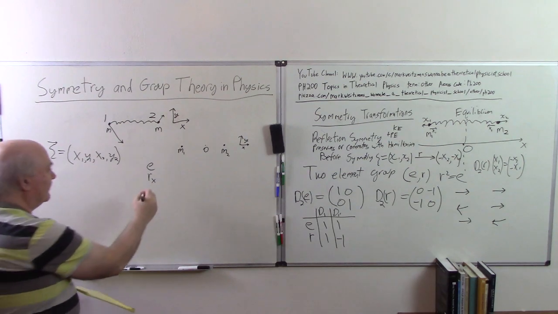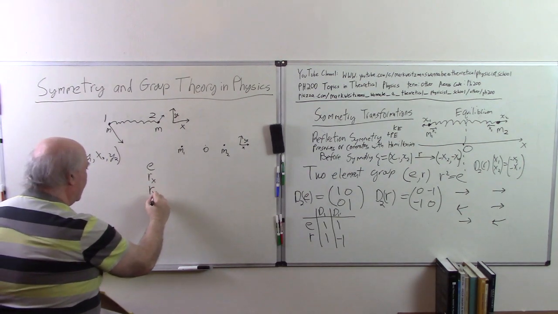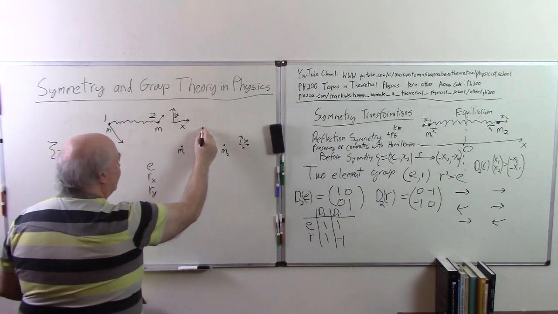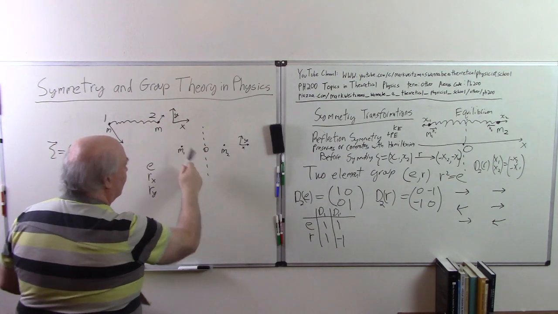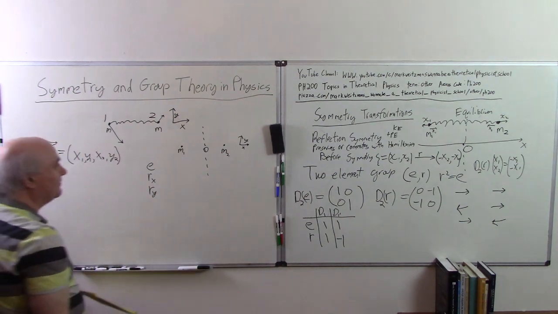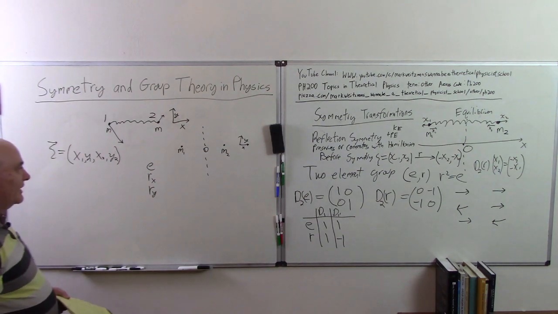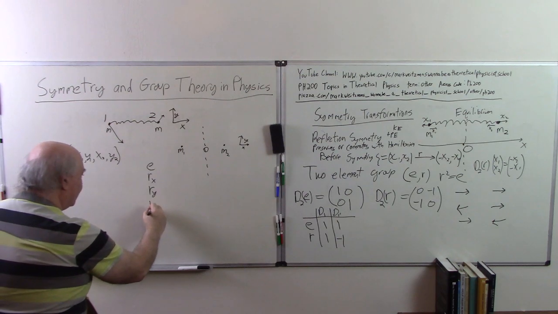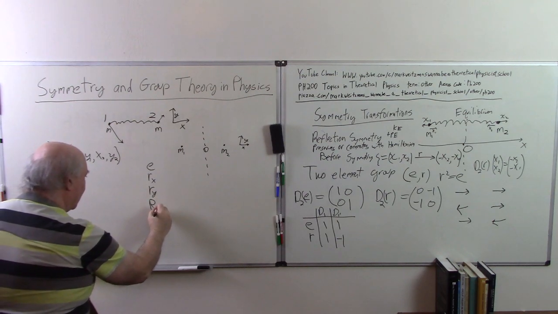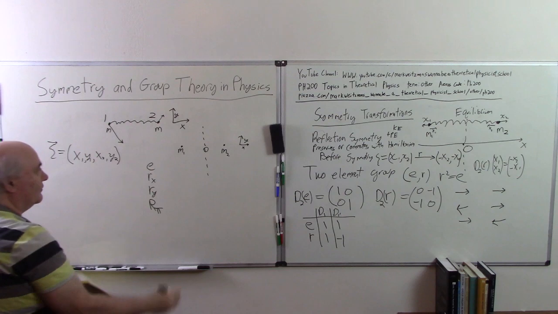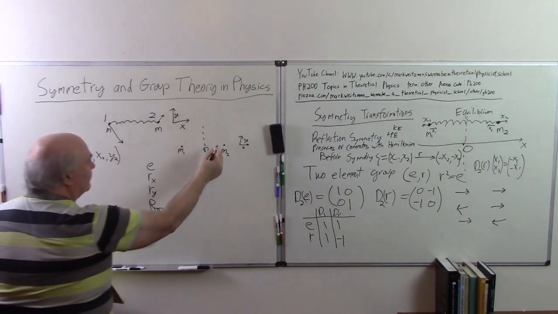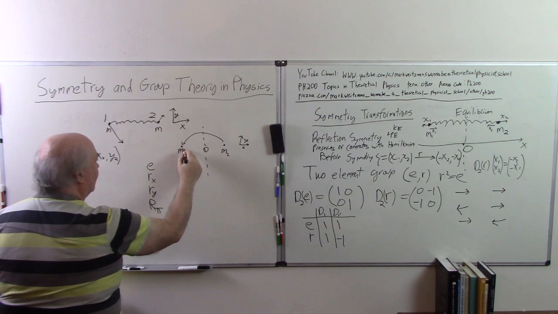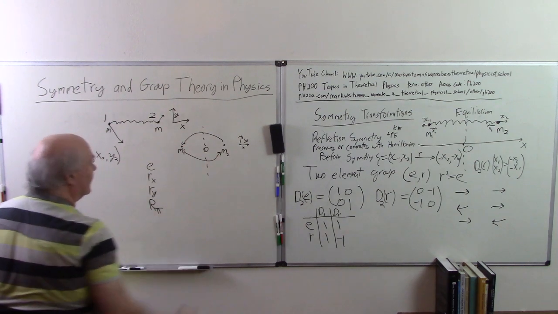The third symmetry that we can have, we'll call it Ry, is a reflection about this axis. Same one we had earlier. So that's the reflection symmetry. And finally, there's another symmetry which I'll call R pi, which is a rotation. I can literally rotate this to here, and I can rotate this to there.